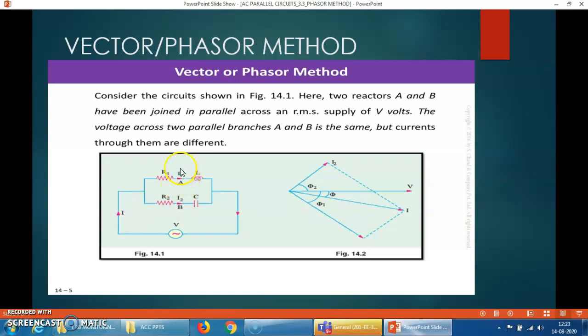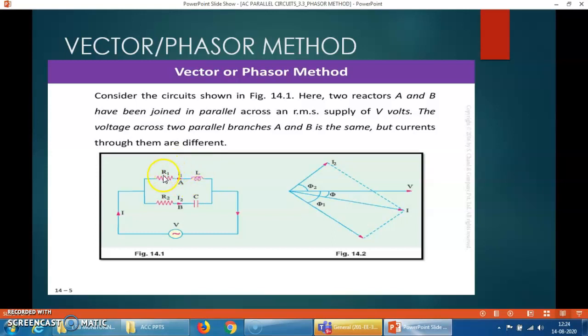Now, how to show I1 through the vector? The first branch contains the R1 resistor and the inductor L, both connected in series, so it is called an RL series circuit. We have already studied the series circuit: if an inductor is present, then the current is always lagging.